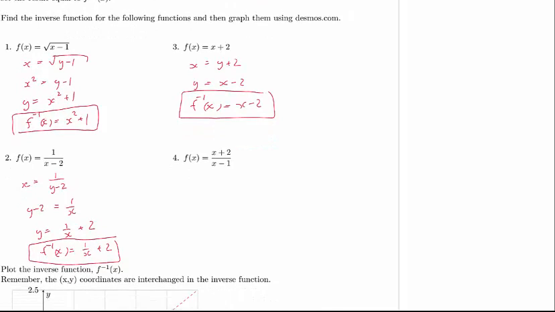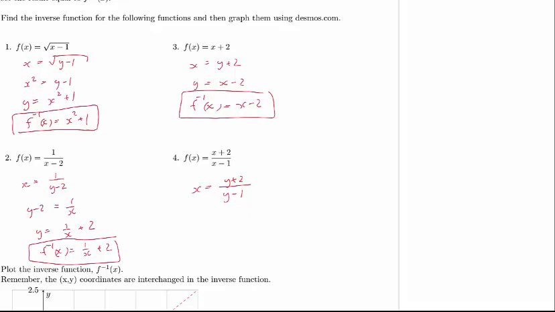Alright, so for number 4, we follow the directions. X equals y plus 2 over y minus 1. Alright, so this one's a little tricky, but we can figure it out.